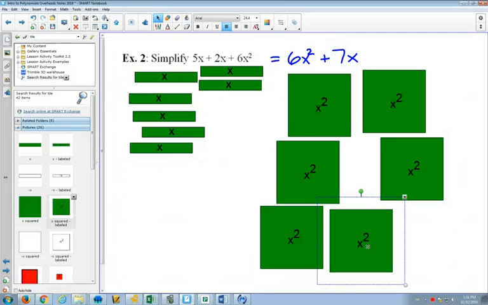So can you see why it's kind of nice if you don't have to draw them? If you can see that these ones are the same, 5x plus 2x makes 7x, and these ones are different, so we'd still have 6x squared.